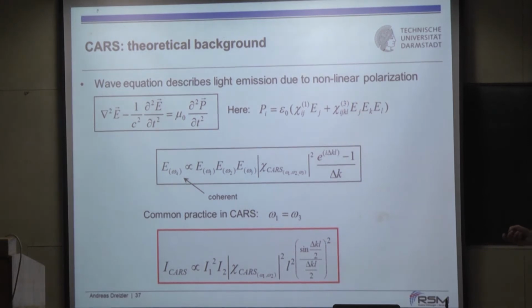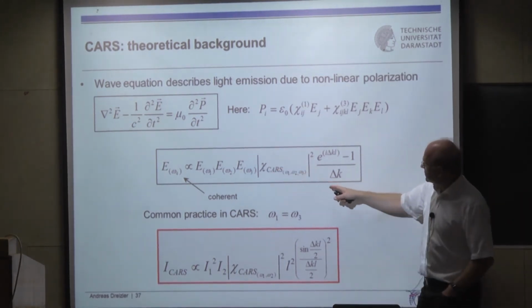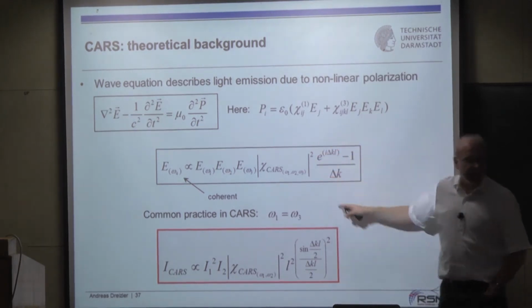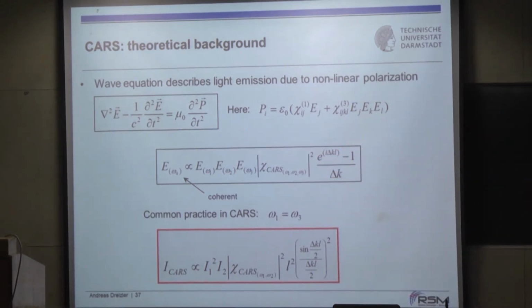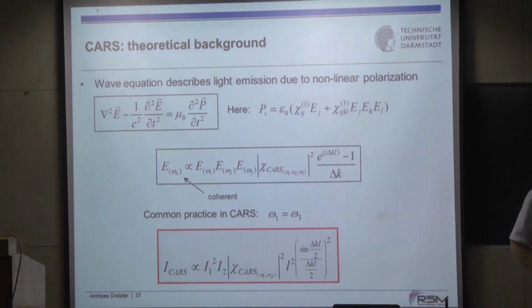When you go through this more or less complicated mathematics, you find that you create a fourth beam, because, as you will see in a minute, we will shine in 3 laser beams that interact nonlinearly, giving rise to a new beam which is coherent, which contains the information about the fractional population and the temperature, and which has a term that is not existent in linear spectroscopy. This term we have to explain a bit more in a second. This is called the phase matching that has to be fulfilled.